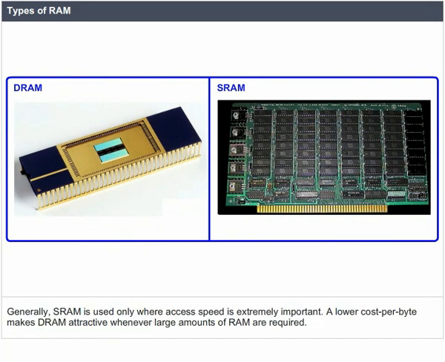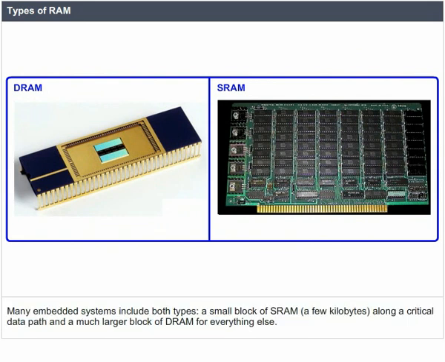Generally, SRAM is used only where access speed is extremely important. A lower cost per byte makes DRAM attractive whenever large amounts of RAM are required. Many embedded systems include both types, a small block of SRAM, a few kilobytes, along a critical data path, and a much larger block of DRAM for everything else.